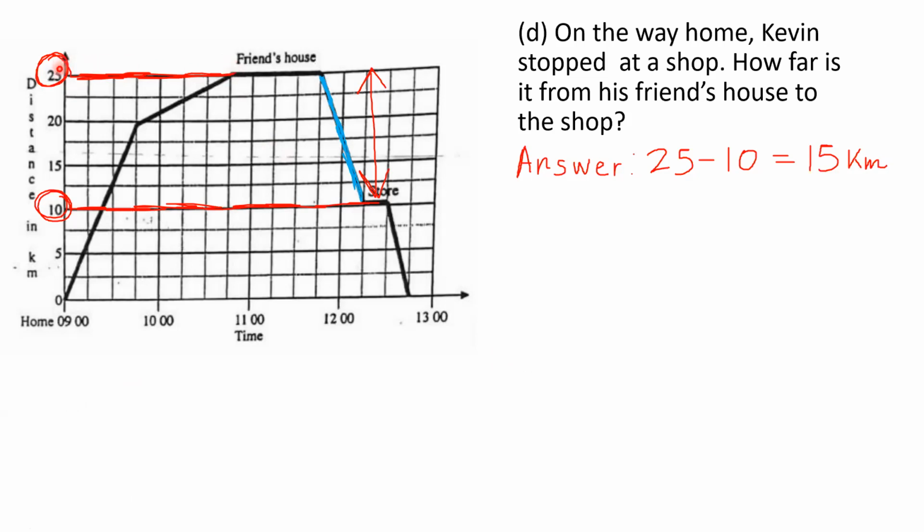His friend's house is 25 kilometers away, and the shop is 10 kilometers away. So we subtract 10 from 25 to get the distance from the friend's house to the shop. Okay, that's one question out of the way.